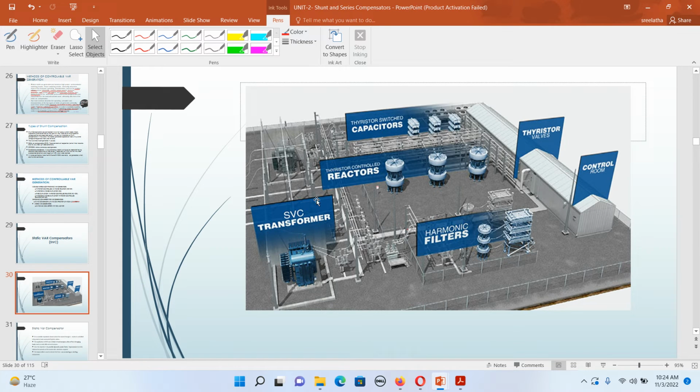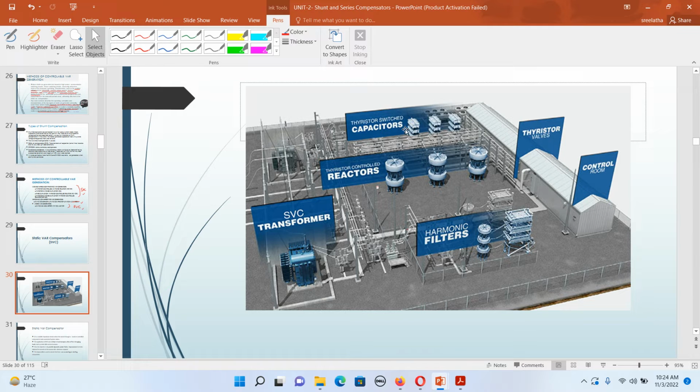So this is a substation. You can see this is like a blueprint of a substation where you have different types of things going on. Static var compensator transformer here, harmonic filters. We have here a control room, and we have thyristor valves. And then thyristor controlled reactors.